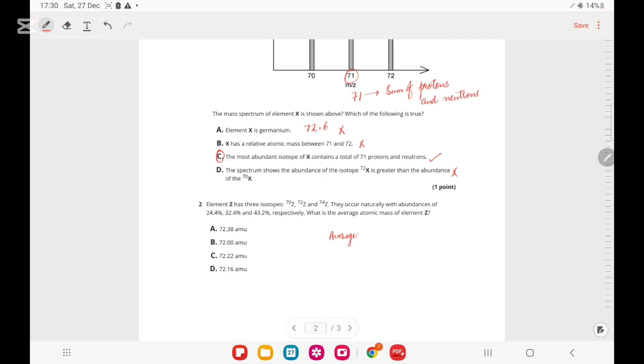So in order to find average atomic mass, what we need to do, I'm going to multiply the 70, which is the atomic mass, with its abundance 24.4 plus 72 times 32.4 plus 74 times 43.2 and divide it with 100. So the answer comes out to be 72.38, which is going to be A.